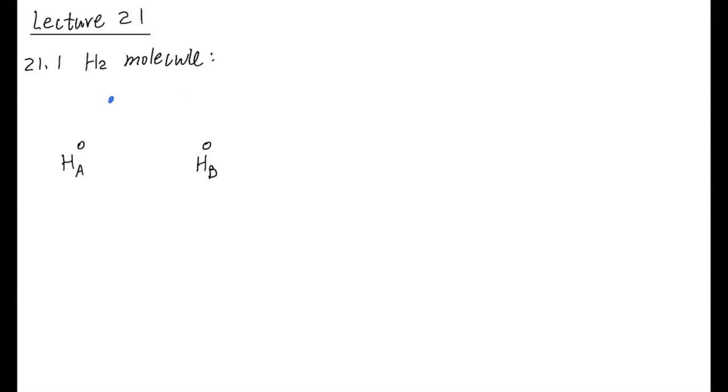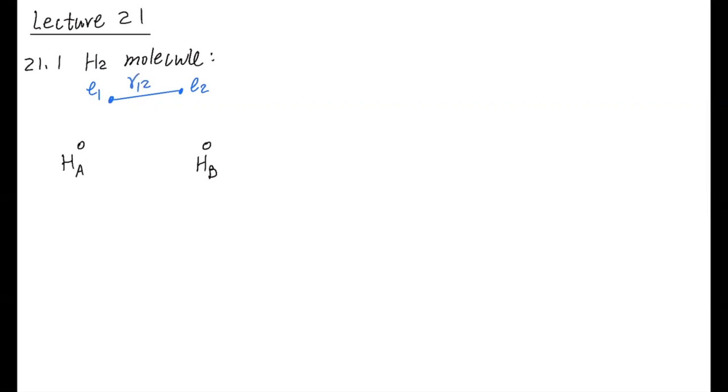Let's call them E1, E2. These are the 2 electrons. And the separation between these 2 electrons is R12, which is, of course, the position vector R1 minus the position vector R2.